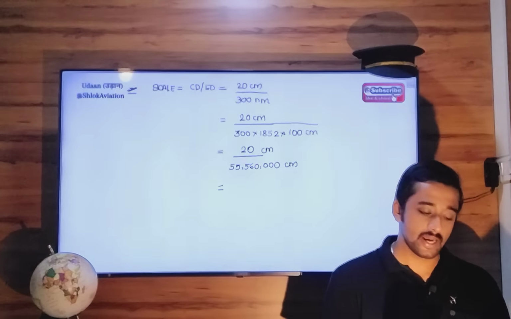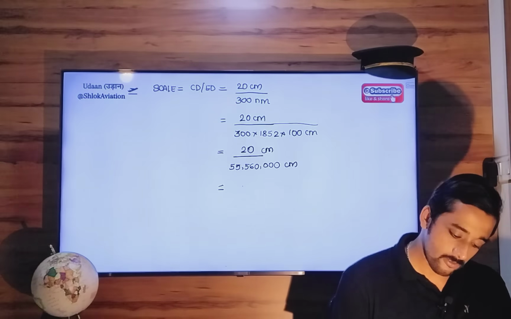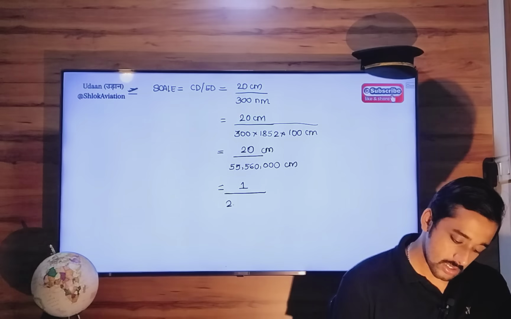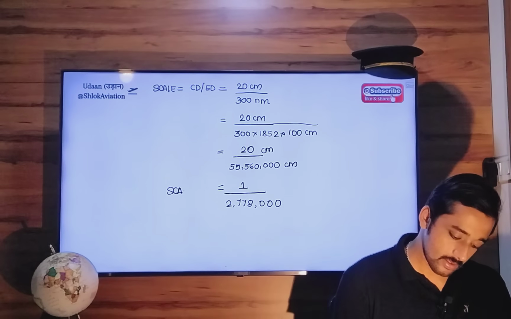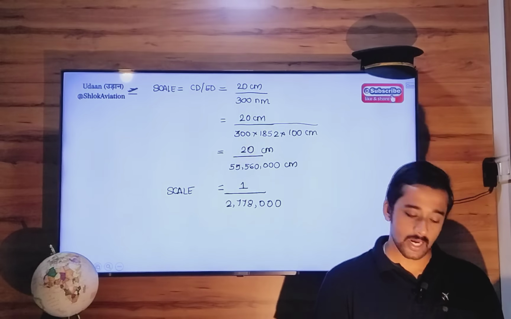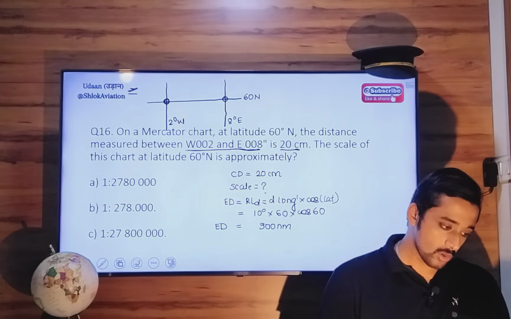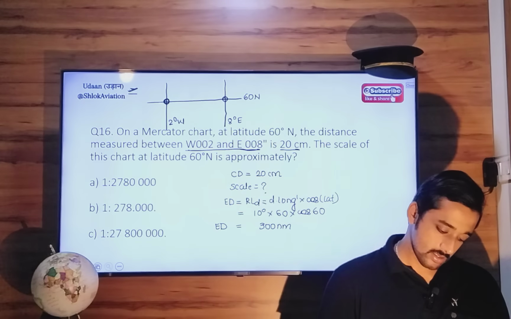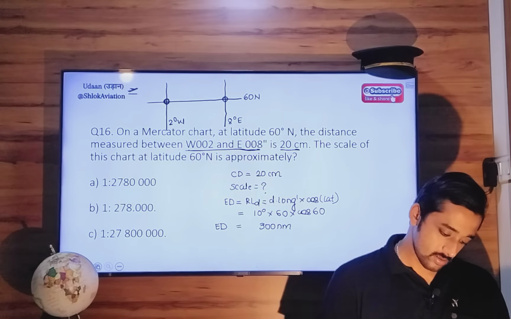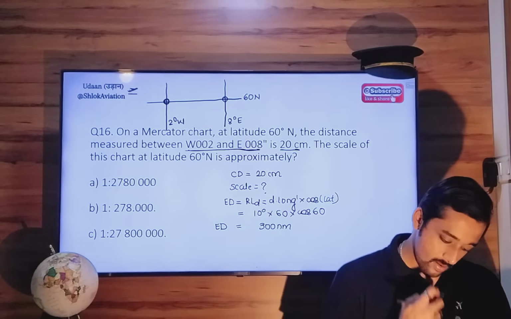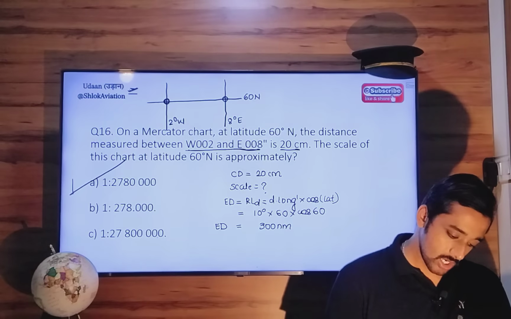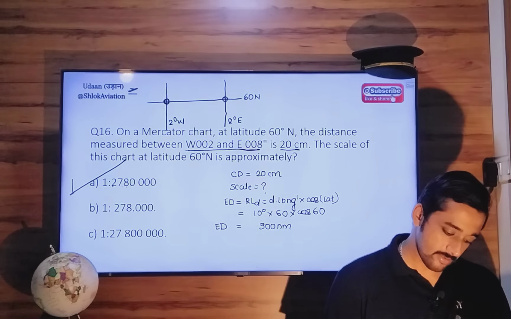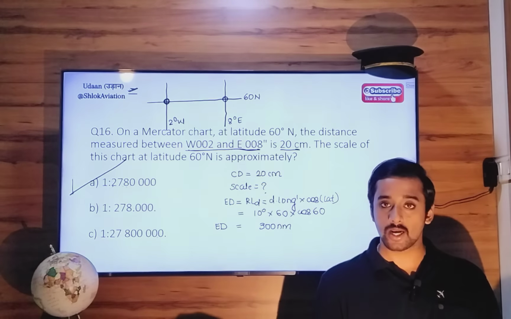Dividing numerator and denominator by 20, you get a value of 1 divided by 277,800. So this is your scale. Okay, always bring numerator 1. Correct option is this, 2,778,000. Yeah, so option A, the closest option.